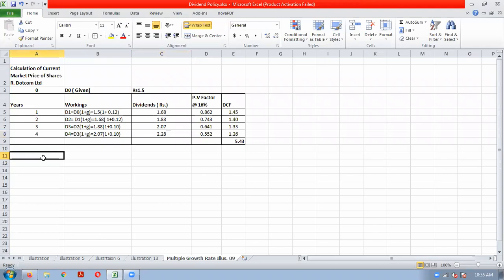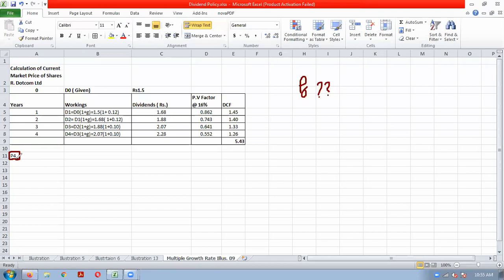Now, one step we will have to do. P4 we will have to find. What we have to find is P0. But before that, we will have to find P4, that is, what will be the price of the share in fourth year. How can we find P4?